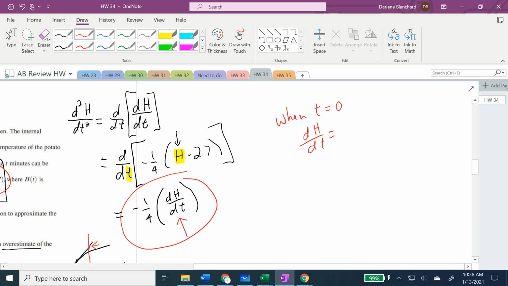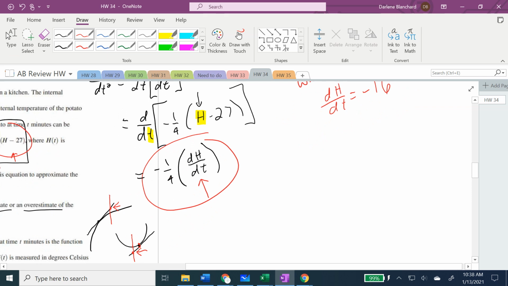We found that h prime of 0 was negative 16. But the big thing is you have to say it's negative. Saying it's negative is more important than saying it's equal to negative 16. That means that the second derivative is a negative times a negative, which is positive.